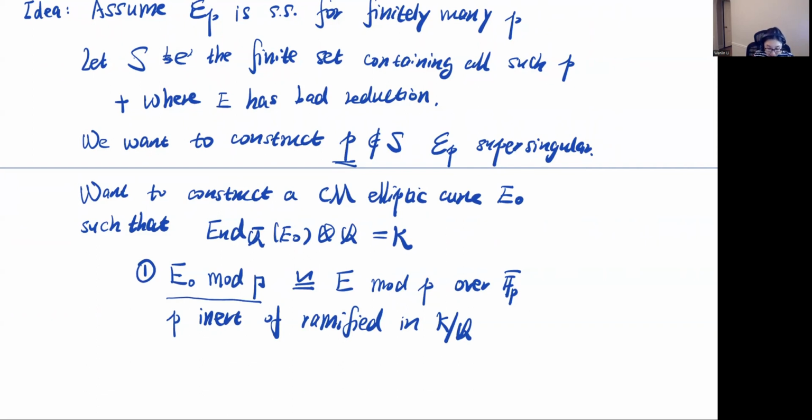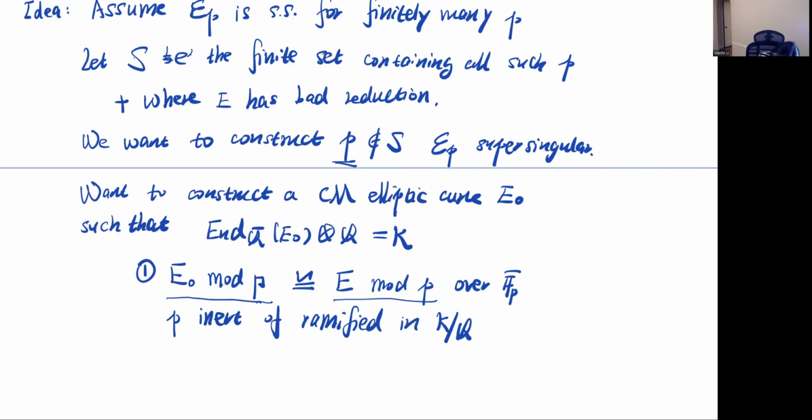So we know that these are the primes, by Shimura-Taniyama, where E naught admits supersingular reduction. Then all I want to show is that E naught and E reduced at a prime with this characteristic are isomorphic over F_p bar geometrically, since supersingularity only cares about the geometric isomorphism class. Okay.